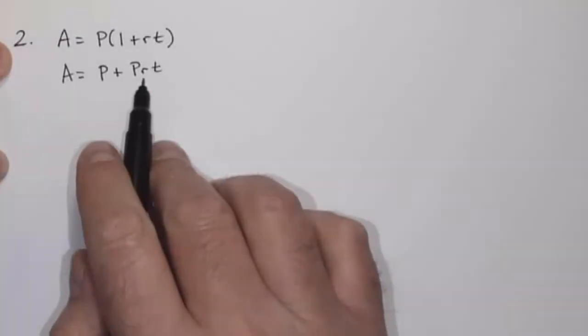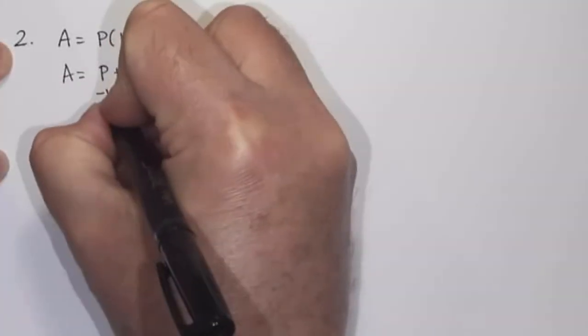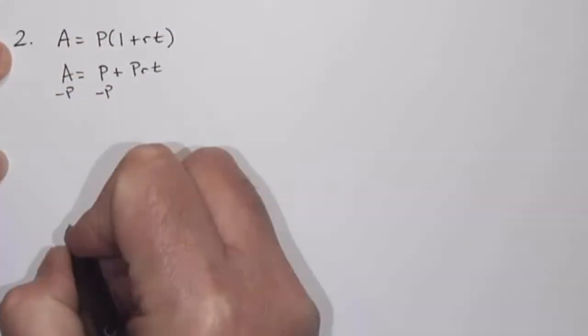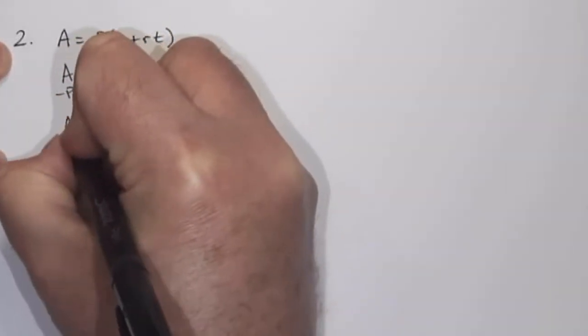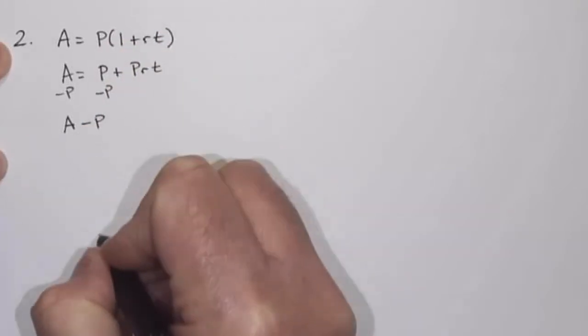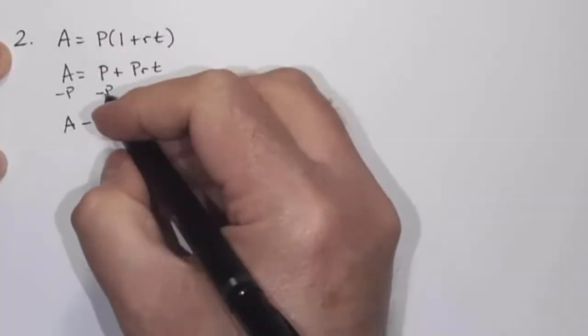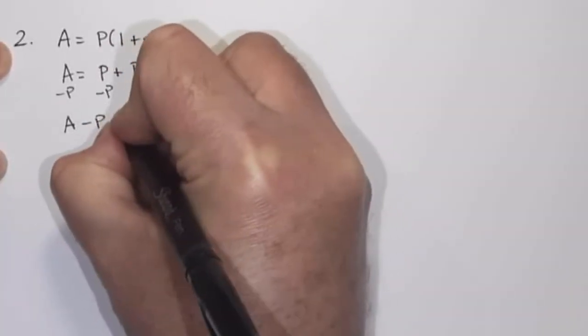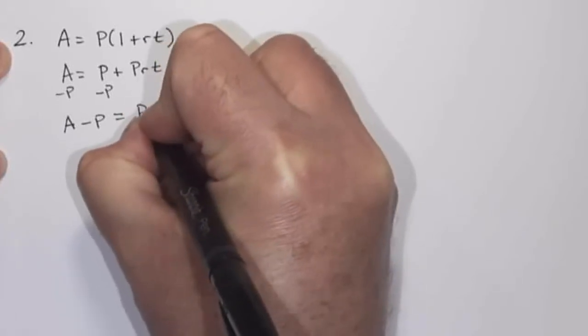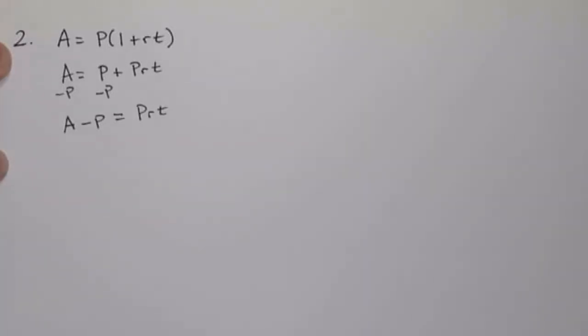Again, I want to get the r by itself, so I'm going to subtract P from both sides. If we do that, we get A minus P on the left-hand side. P minus P goes away, so that equals just the PRT.